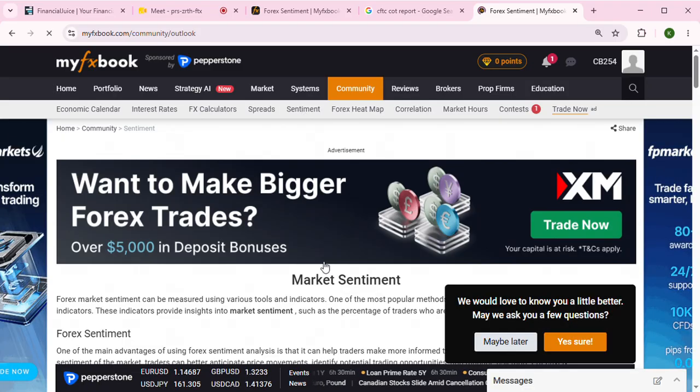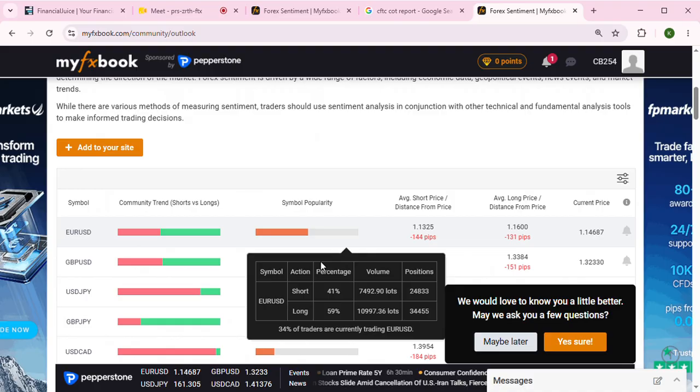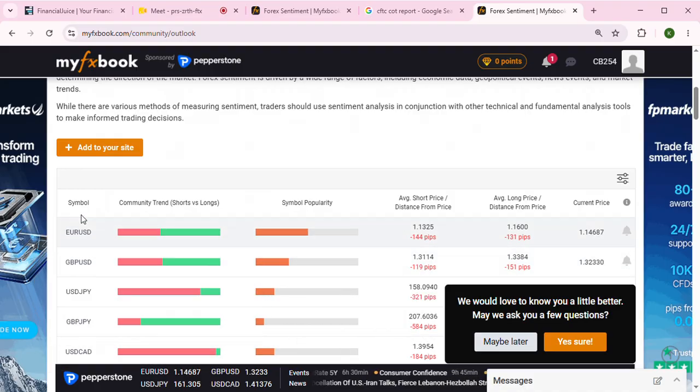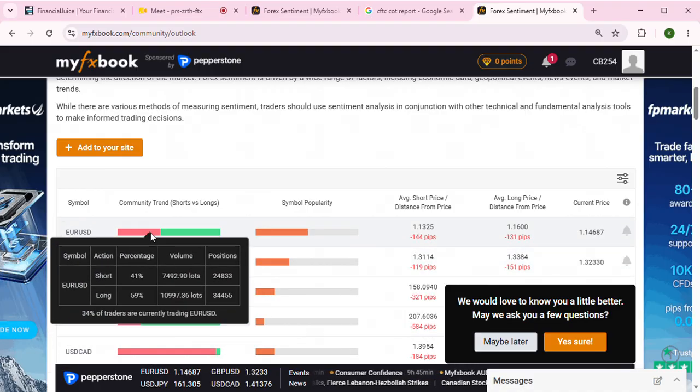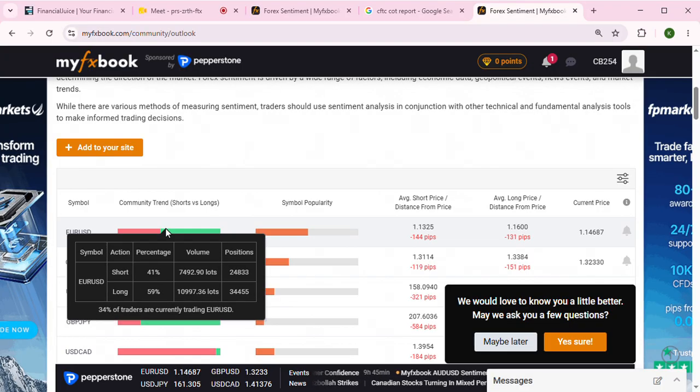So you drag down there, and you are going to see the pairs. The first pair is Euro USD, and you can see the percentages for the guys who are on sales. Short is 41%, while long is 57%.